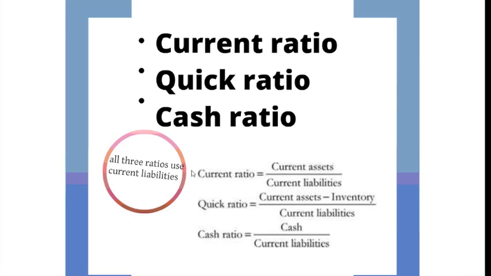For cash ratio, we only include cash because this is the most liquid asset. And this ratio is very useful for very short-term creditors who quickly want to see how fast the firm is able to pay its bills.